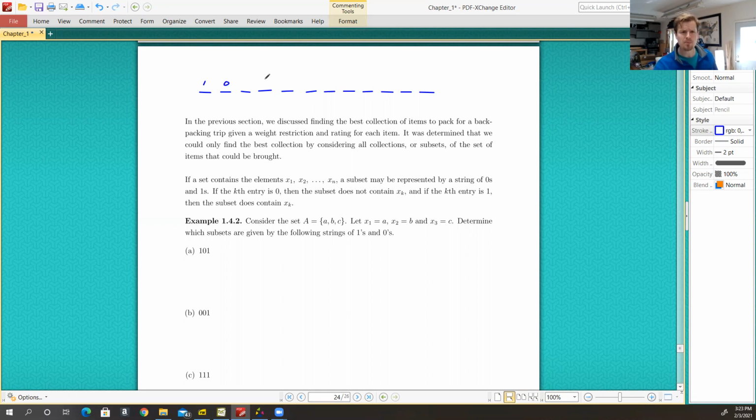So what we end up with is a string of 0s and 1s that would give us what objects are included and what objects are not included in our subset. So we can use a string of 0s and 1s to describe our subset.